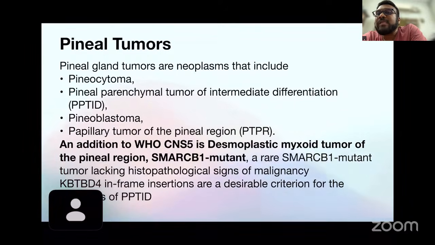This is a rare tumor which lacks histopathological signs of malignancy, so this is one thing you have to remember. Similarly, the pineal parenchymal tumor of intermediate differentiation has KBTBD4 in-frame insertions. At least the highlighted things you have to remember are the newer additions, for example the desmoplastic myxoid tumor of the pineal region with SMARCB1 mutation, a new addition to the already included pineal tumors.